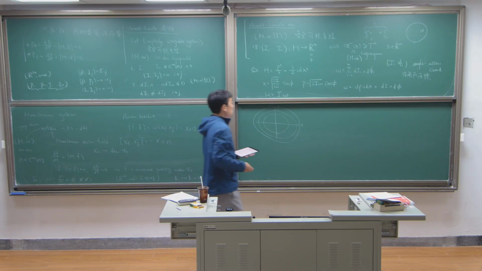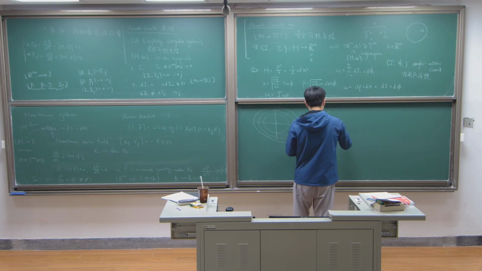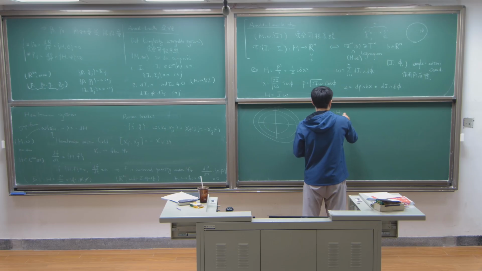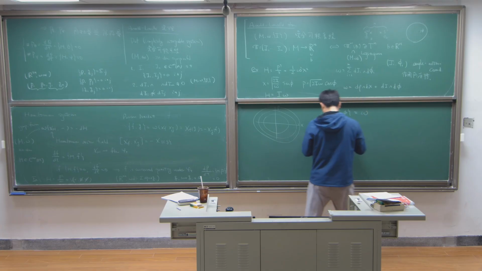And in particular, if you solve φ dot is equal to the derivative of H, this is equal to omega.